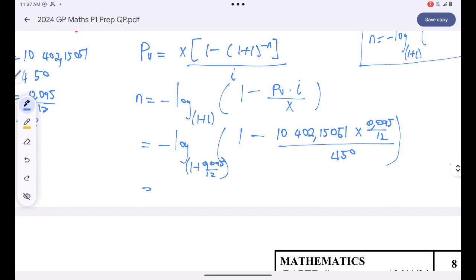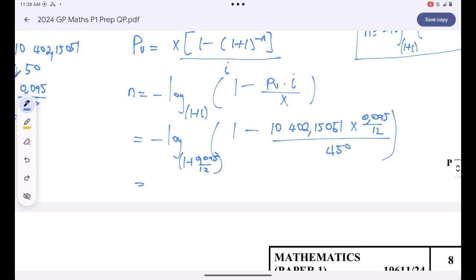So these must give me the correct answer, né? 1 plus 0.095 divided by 12, and then 1 minus 10402.15051 times 0.095 divided by 12, divided by 450.